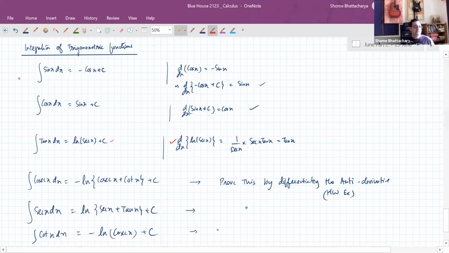Anyhow, for the moment, these are going to be the more important integrations for us. These two are going to be more important in terms of application in physics. However, you should know all the 6 formulae, just like you know the formulae for differentiation.